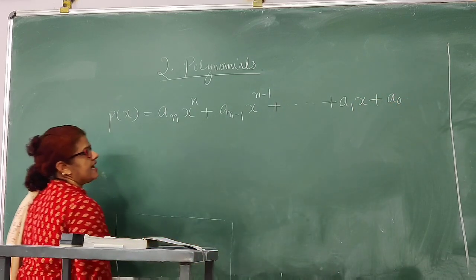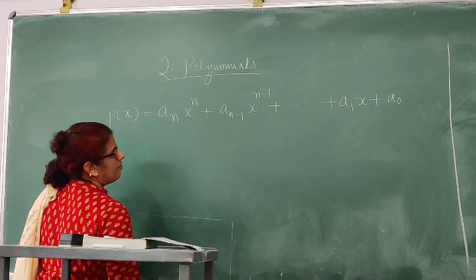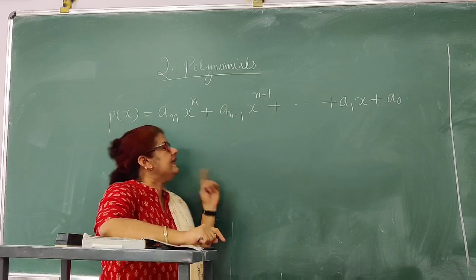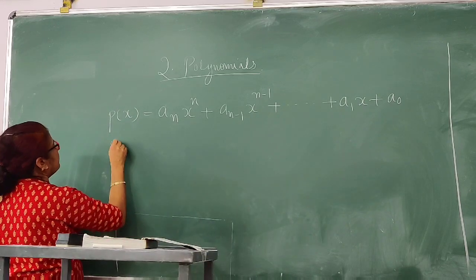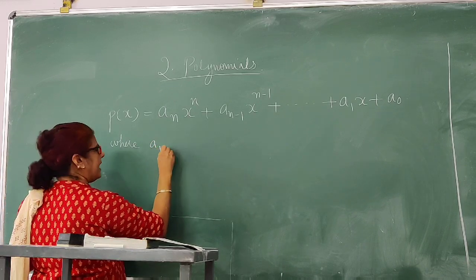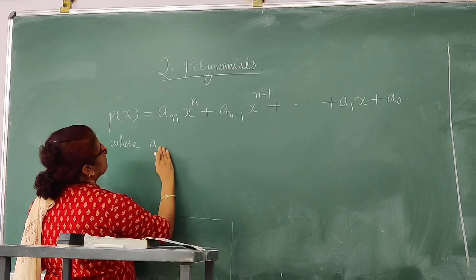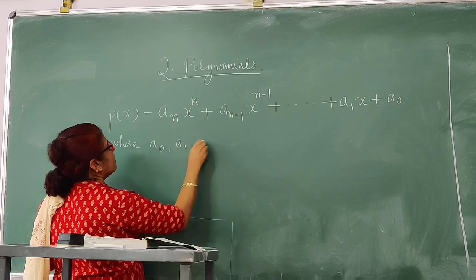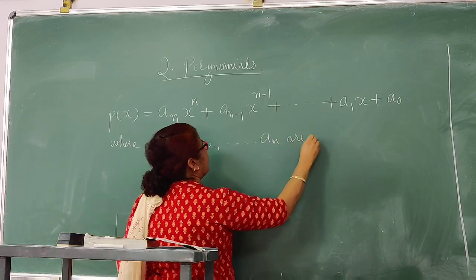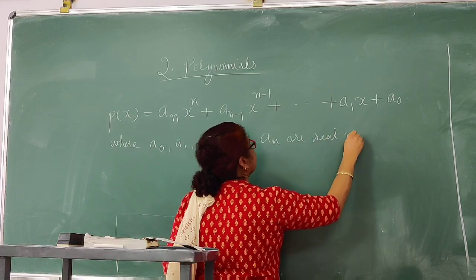This is the standard or the general form of a polynomial in one variable x with degree n, where we have to apply the condition that a_0, a_1, a_2, etc. a_n are real numbers.